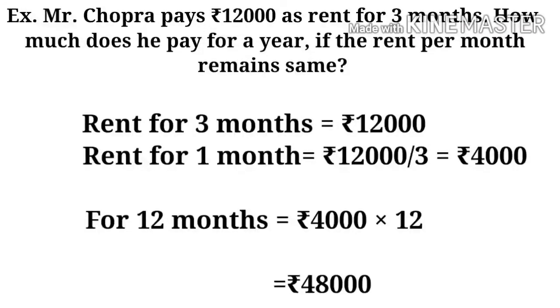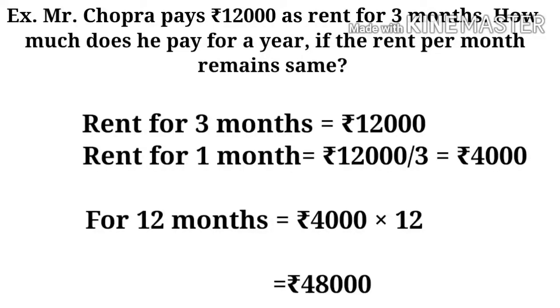The next example is: Mr. Chopra pays rupees 12,000 as rent for 3 months. How much does he pay for a year if the rent per month remains the same? As per the given, rent for 3 months is equal to 12,000 rupees. So let's find rent for 1 month, which is equal to 12,000 divided by 3.